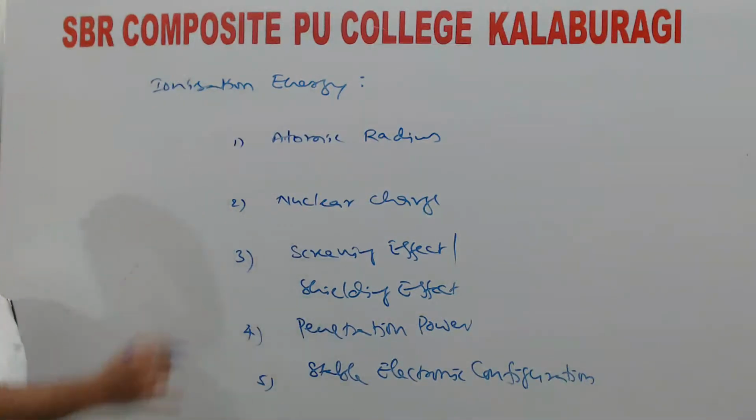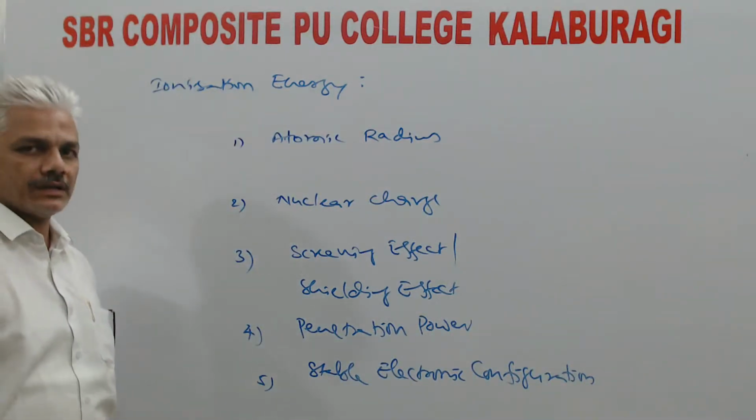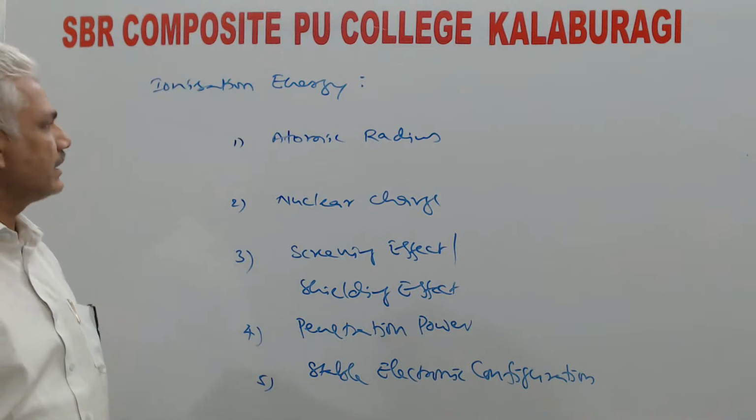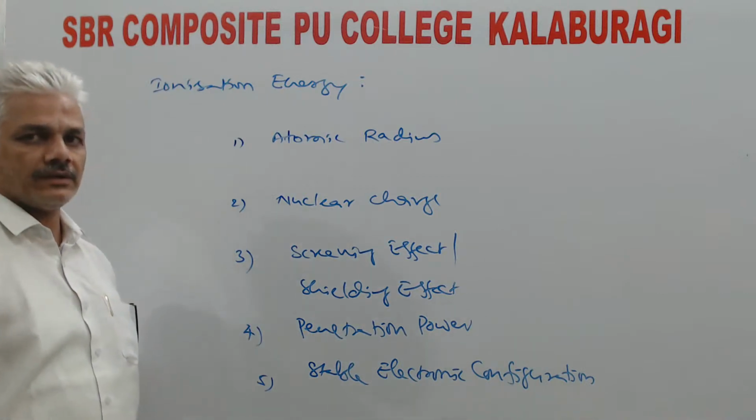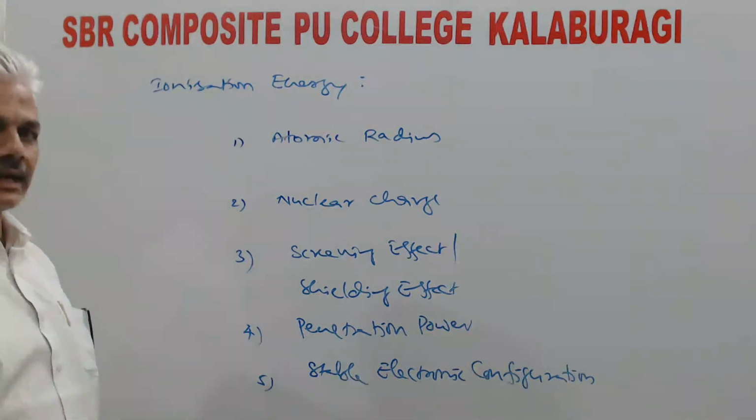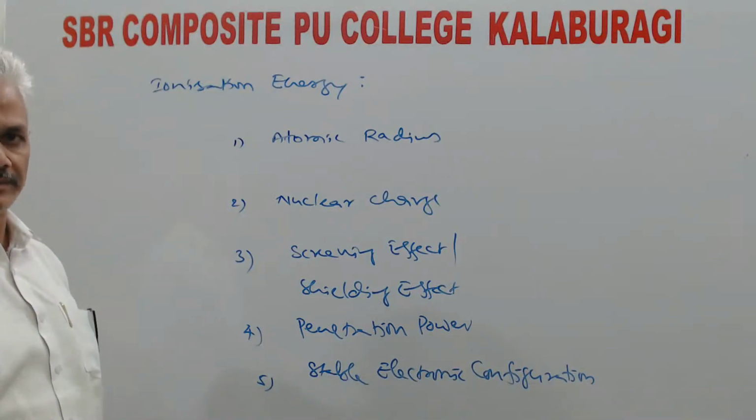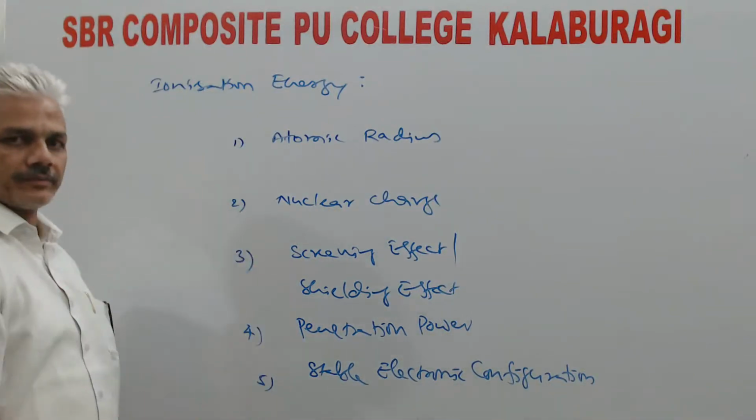So, by taking into account all these 5 factors, we can predict the ionization energy value of a particular atom or a particular ion. So, let us see one by one.